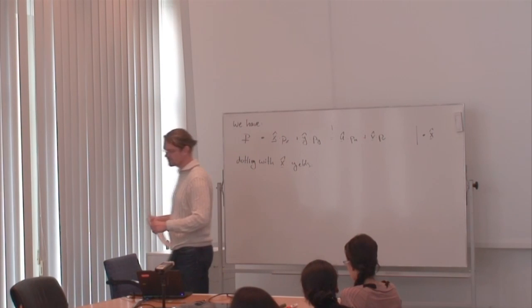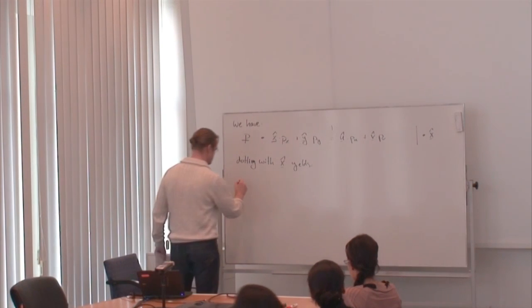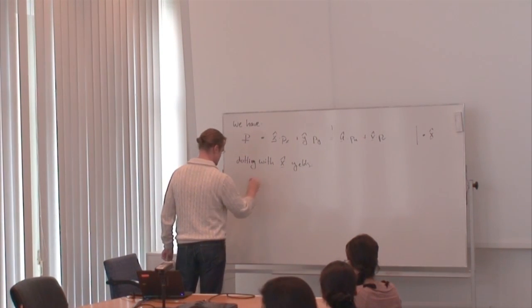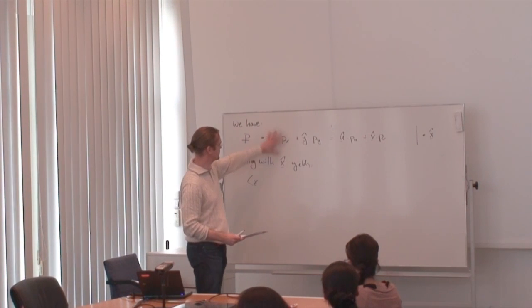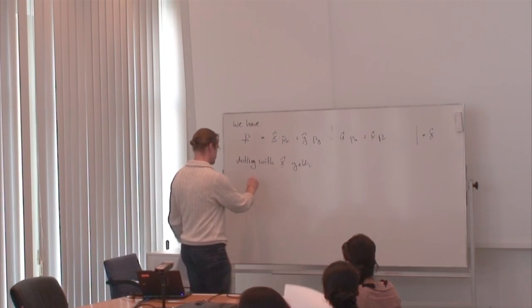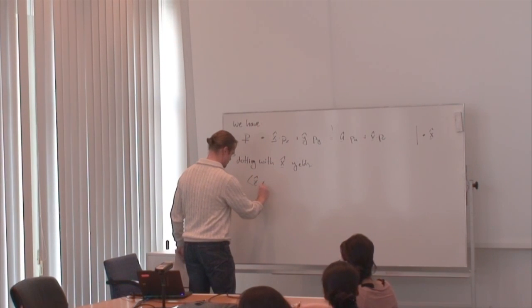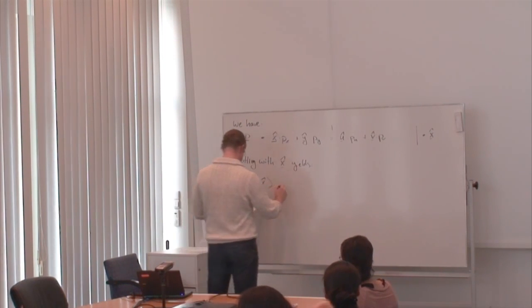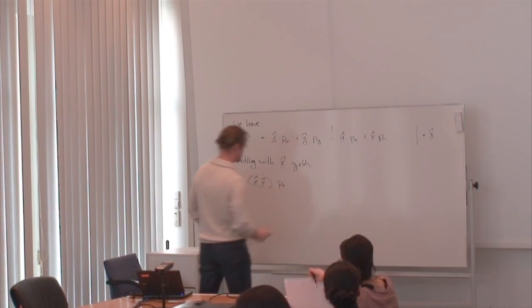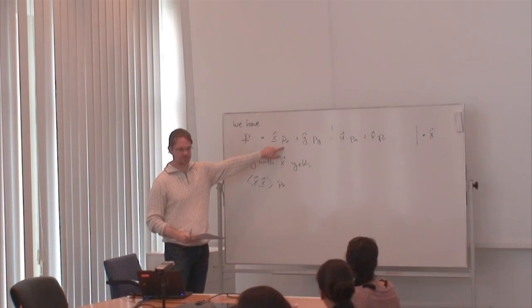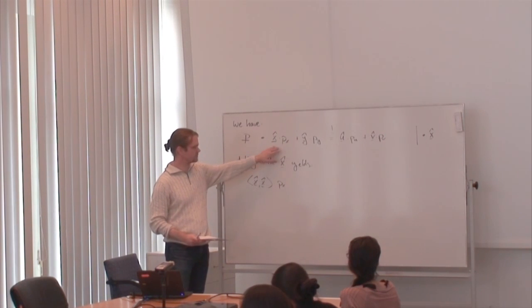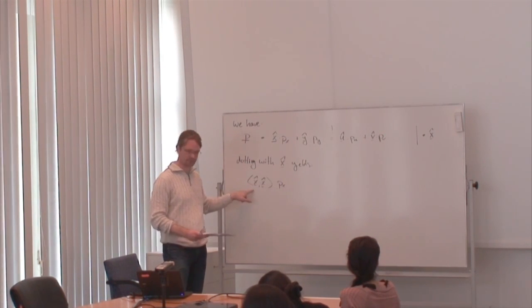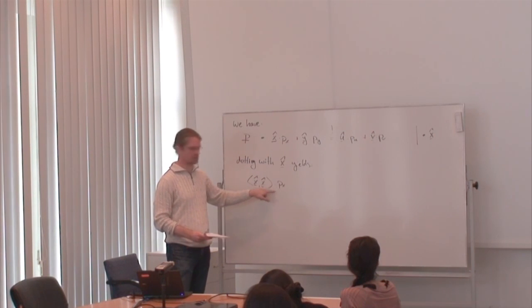So far I have written inner products using these pointy brackets, and I will do this in this line here. So if we compute the inner product of this first term with x hat, we have x hat inner product with x hat times px. Right? This is a vector, this is a scalar. If we compute the inner product of this scaled vector with another vector, it's basically the inner product of the vector with this vector times the scalar.